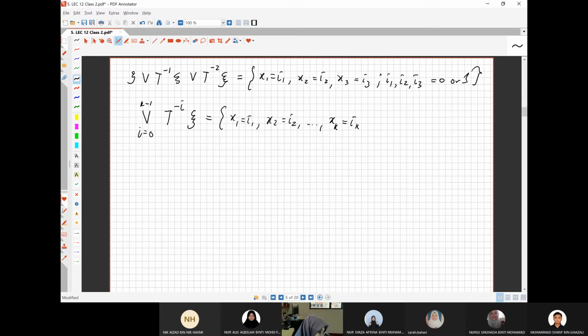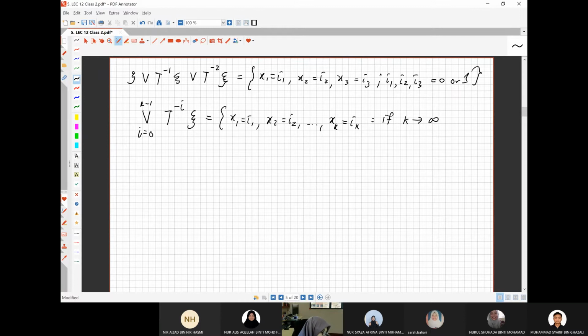So if k goes to infinity, what happens? That means we are fixing all the digits. We are fixing the k plus 1 digit equals to i(k+1), k plus 2 equals to i(k+2), and so on, until infinity. So if you are fixing all the digits, what happens to the number of elements in this set?